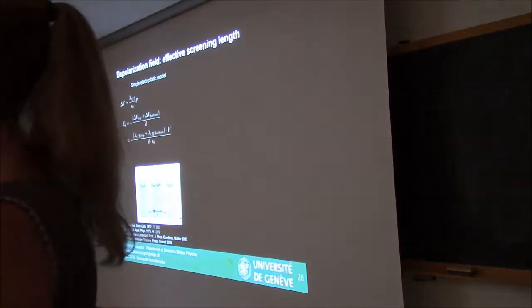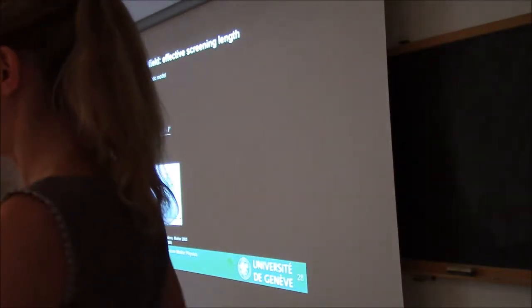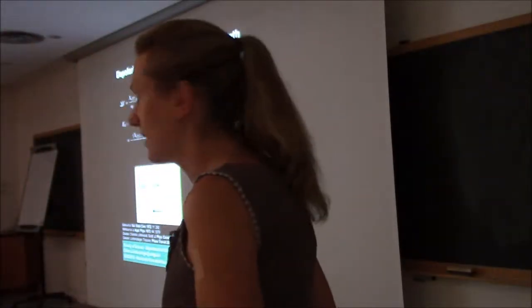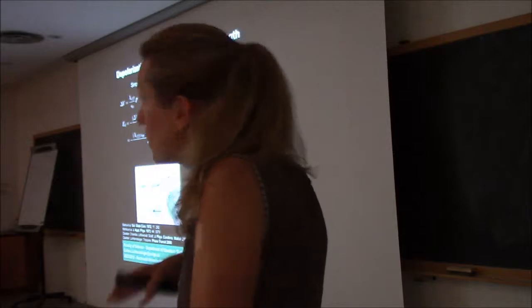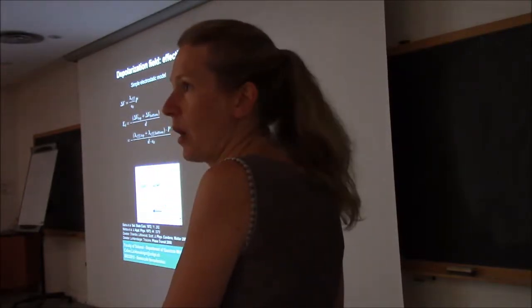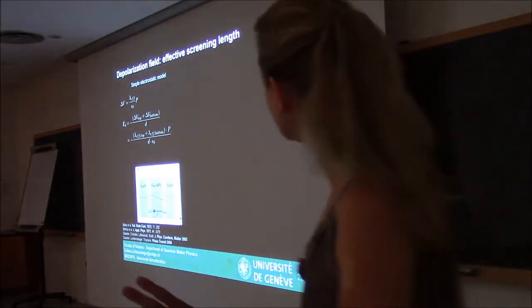It will perfectly screen the surface charges, and it will result in a negligible field inside your material. But with the same electrical boundary condition, when you reduce the thickness of your film, there will be a thickness below which it will become a problem. Okay? So this is simple electrostatics.